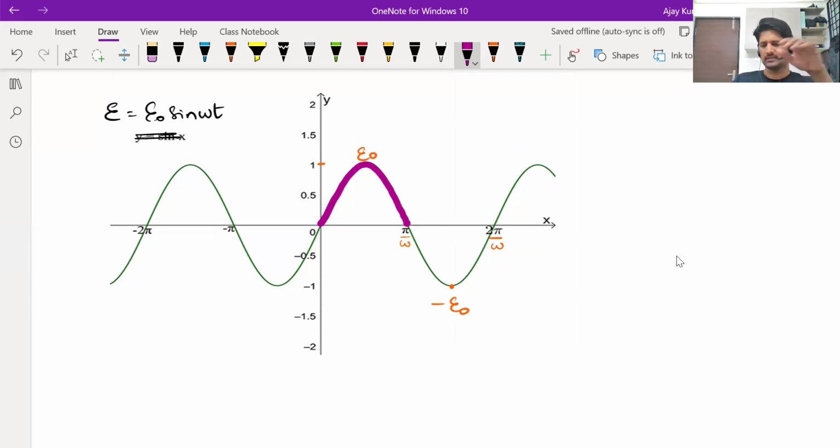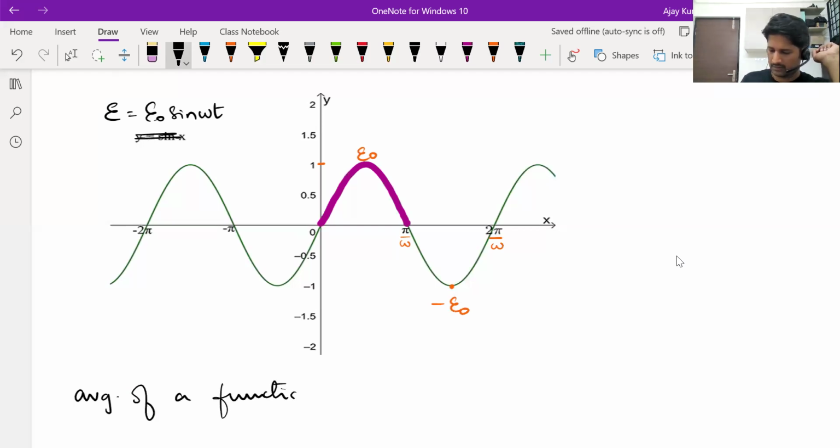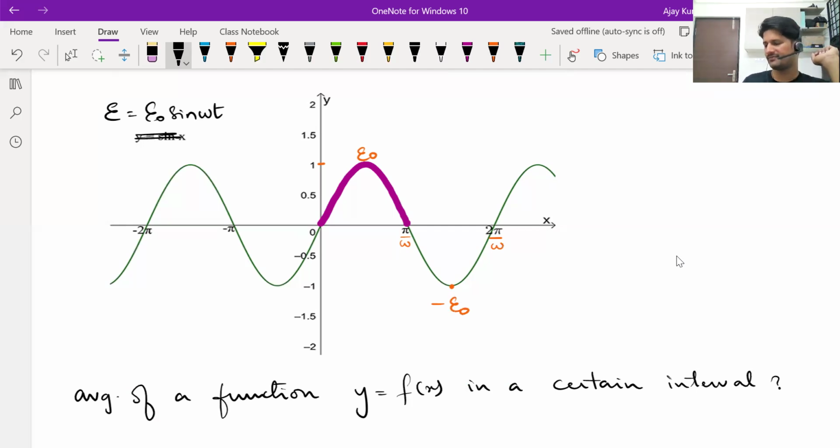I think we had discussed recently in integration how you calculate the average value of a function, say y is equal to f of x in a certain interval. Any idea how to calculate the average of any function in any interval?